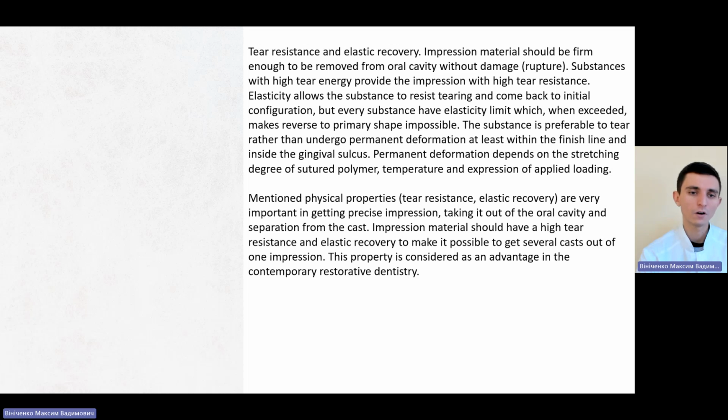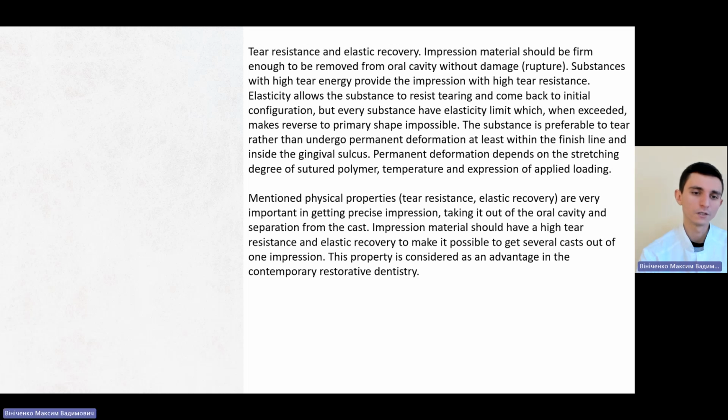A substance is preferable to tear rather than undergo permanent deformation, at least within the finish line and inside the gingival sulcus. Permanent deformation depends on the stretching degree of the cross-linked polymer, temperature, and magnitude of applied loading.